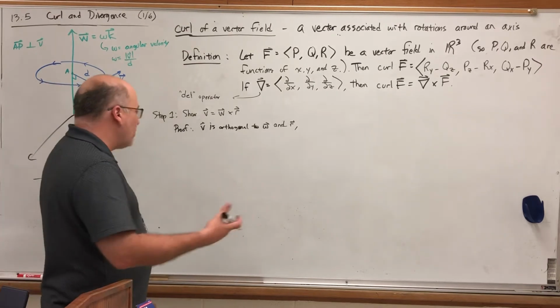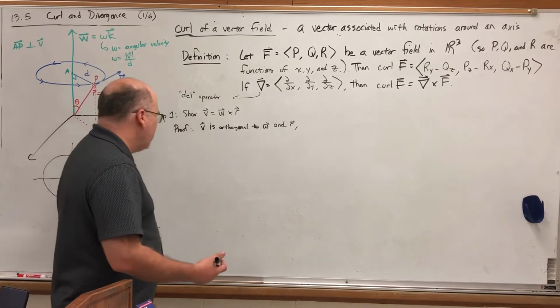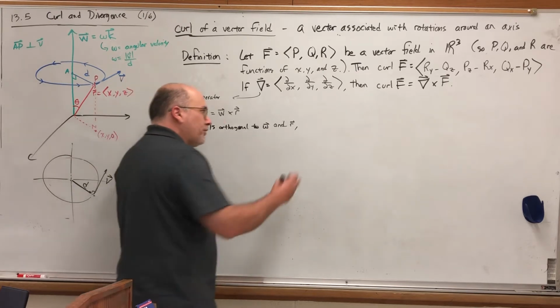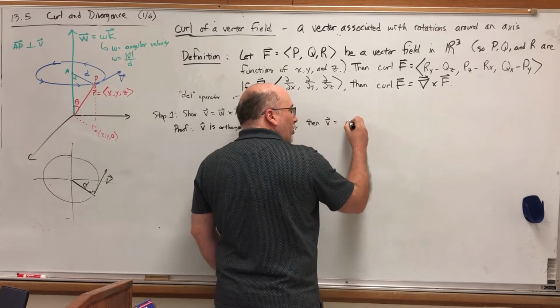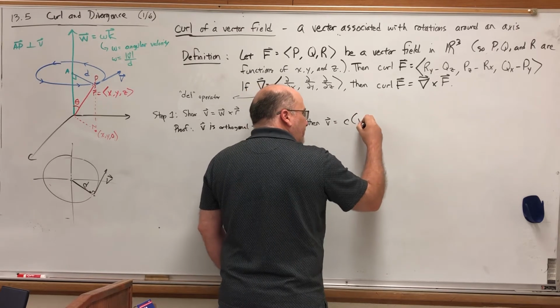And V is also orthogonal to the two given vectors. So since V is orthogonal to both, then we know that V is going to be some scalar multiple, we'll call it C, of W cross R.